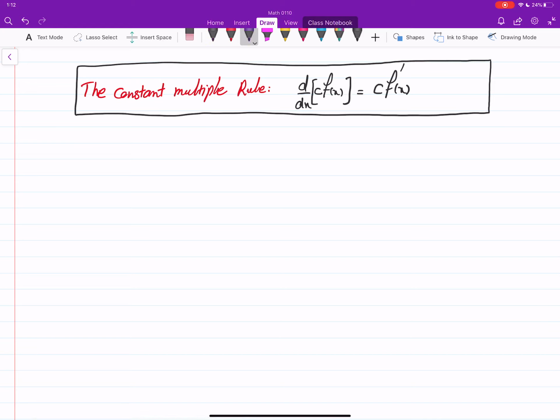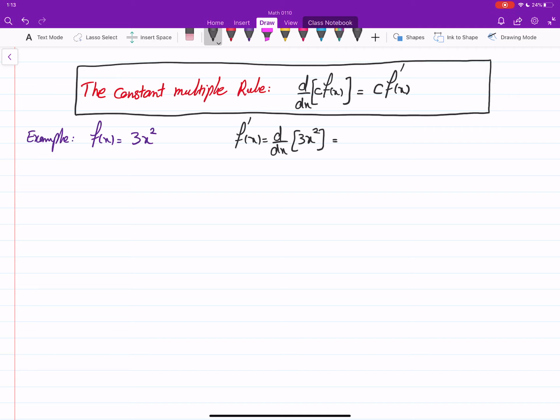Let's do some examples. If f of x is 3 times x squared, what is the derivative of f? In this case, we are finding the derivative of 3 times x squared.